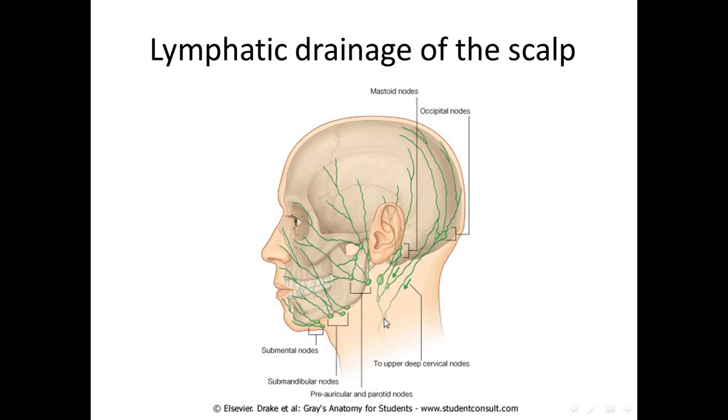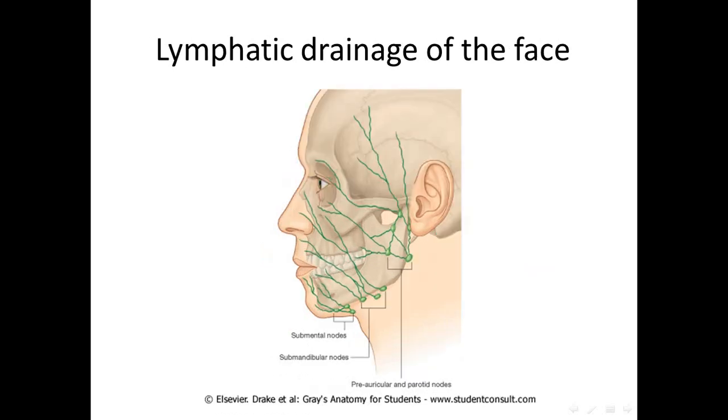Deep within the neck along the internal and external jugular veins and the internal carotid artery within the carotid sheath is the deep cervical nodes. And then under the mandible is the submandibular nodes. Under the chin is submental nodes. So these are the lymph node groups that mainly drain the scalp.